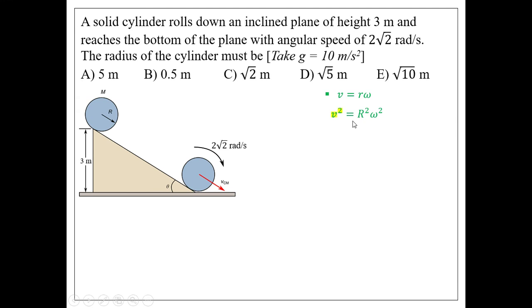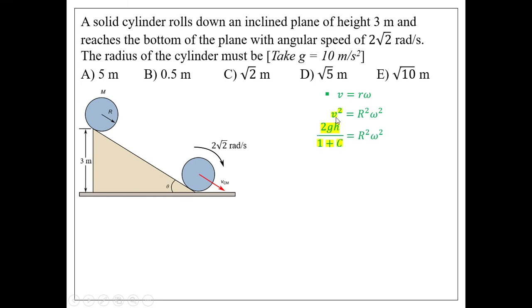All right, so what I want to do is square both sides here. I'm just going to square v, square r, and square omega. Here the diagram called the radius capital R, so instead of lowercase r, I'm going to replace it with capital R for consistency with this diagram. The reason I'm going to square this is I think it makes the math a little easier to follow.